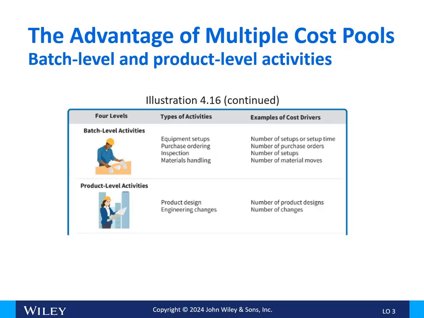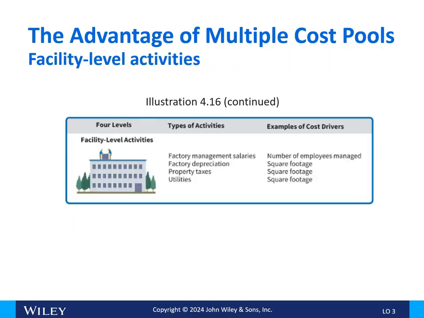Product level is more overall for the product, so product design, engineering changes. And then finally, facility level activities: factory management salaries, depreciation, property taxes, utilities. Again, it's harder to break it down to a lower level besides facility, so that would be into the facility level.